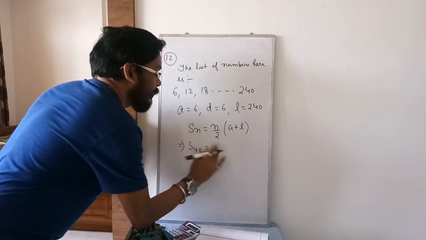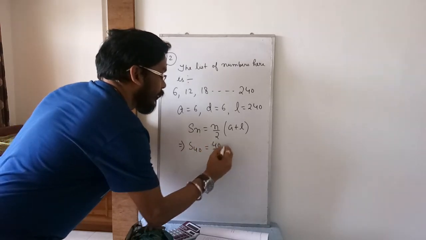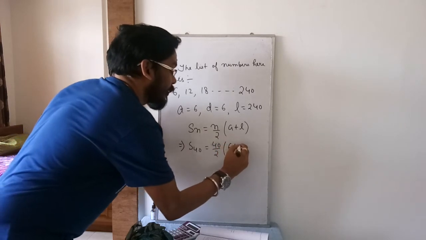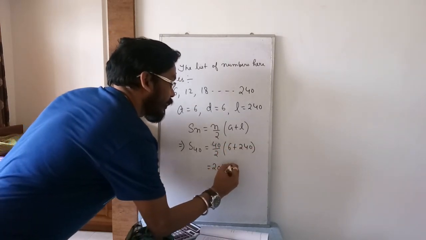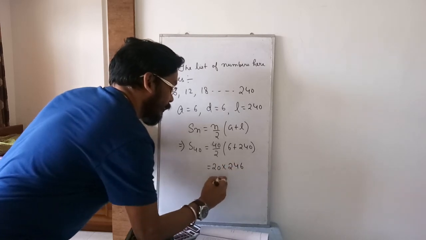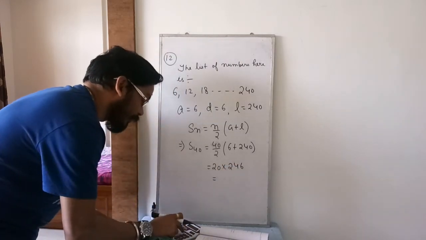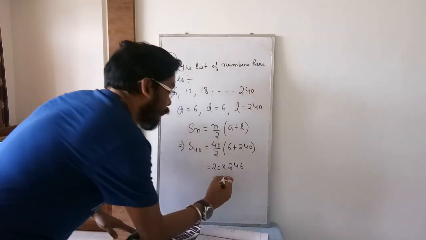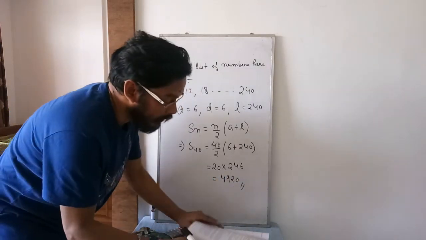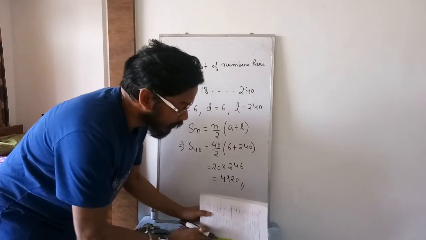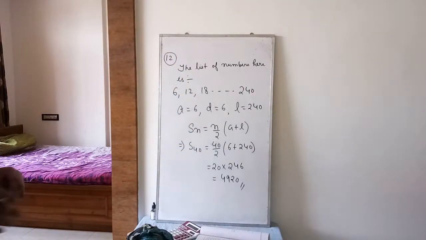So it is 40 by 2. Here your A is 6. 6 plus 240. So here you can write 20 into 246. So 20 into 246 is your 4920. Okay. So take the screenshot.